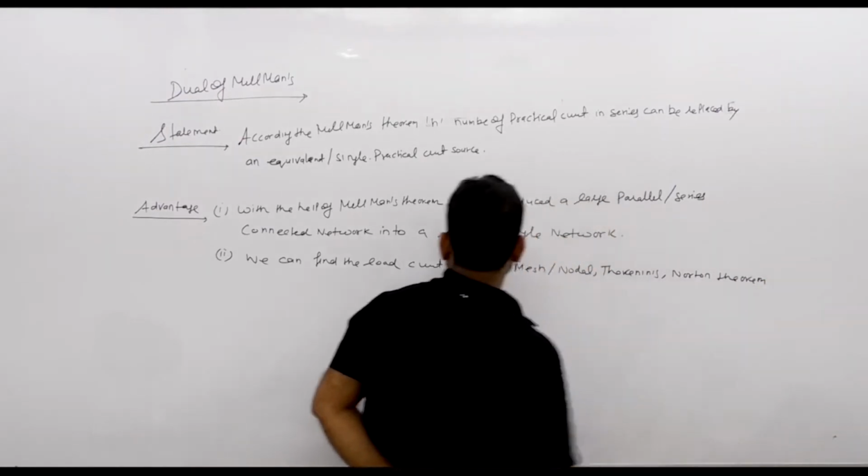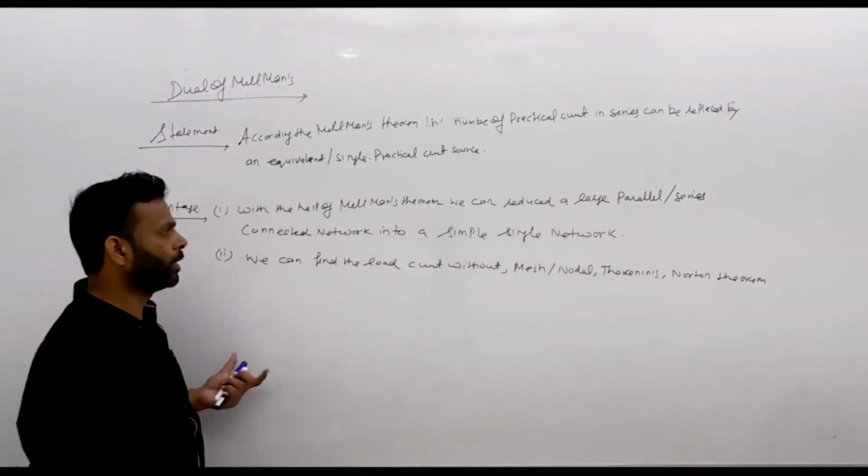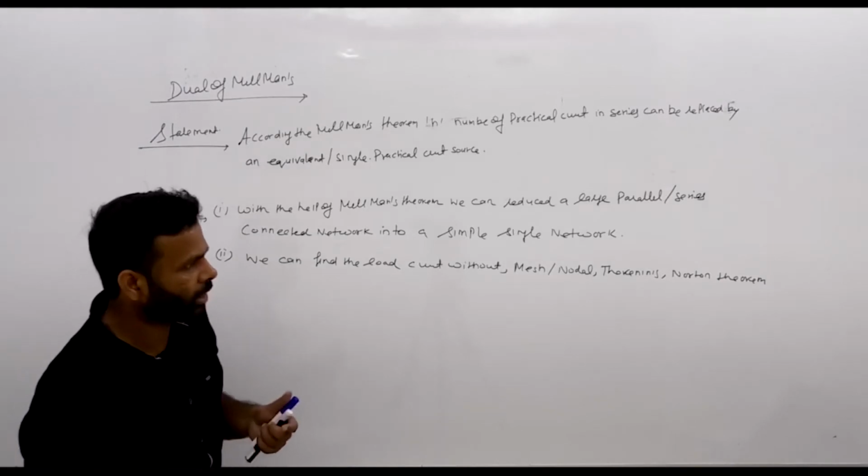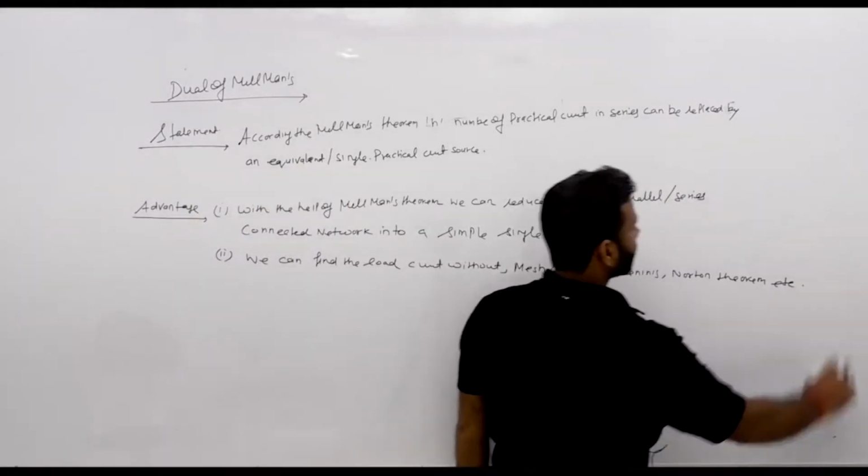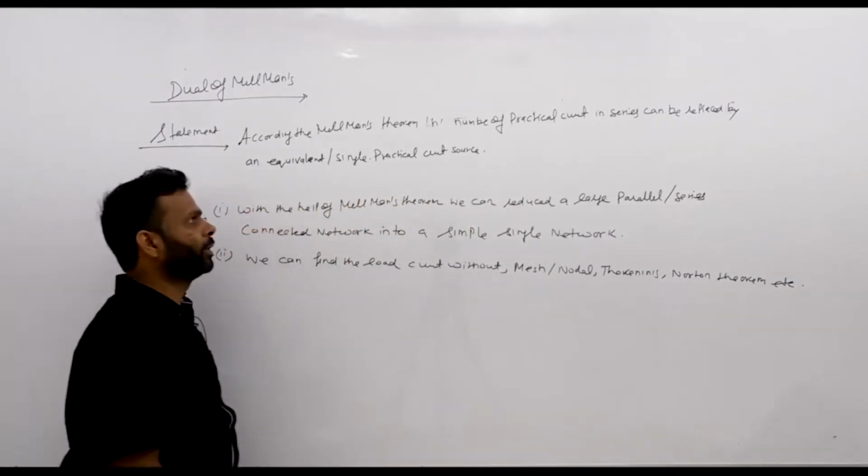Okay, so we don't need to apply the method of analysis, that is mesh, nodal, Thevenin's, Norton, etc. जो भी आप लगाते हो लोड करंट को निकालने के लिए. So these are the two advantage of this theorem.